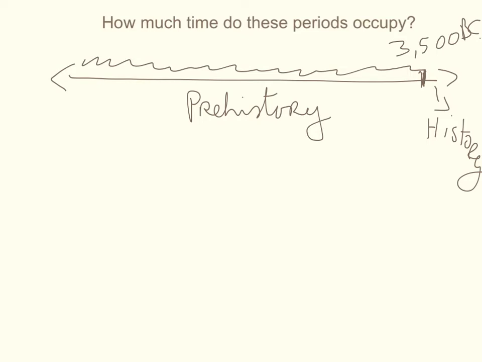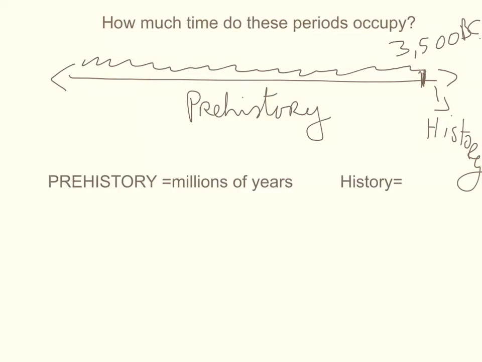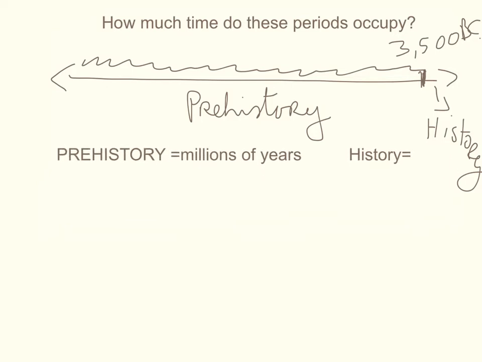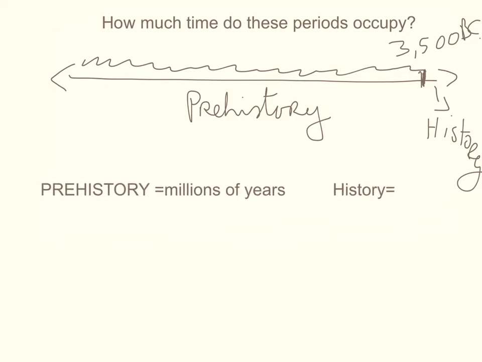That is still millions of years. So prehistory is millions and millions of years, whereas history is just, can anyone work out how many years is in history so far? I recommend you pause the video and look it up if you don't remember, or you can't figure it out. But history would be equal to about 5,500 years so far.